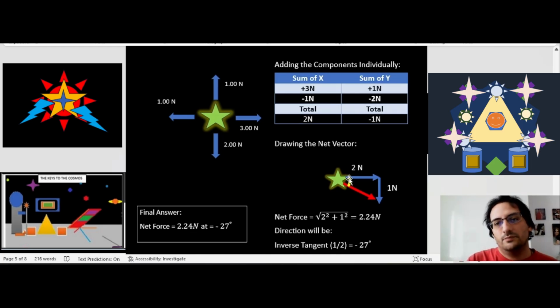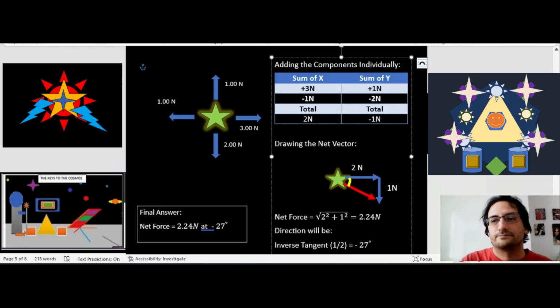And the direction will be this angle here, which can be found by doing the inverse tangent of 1 over 2, which is negative 27 degrees. The inverse tangent will give you positive 27, but we know it has to be negative because it's below the x-axis. So the final answer is net force is 2.24 newtons at negative 27 degrees.